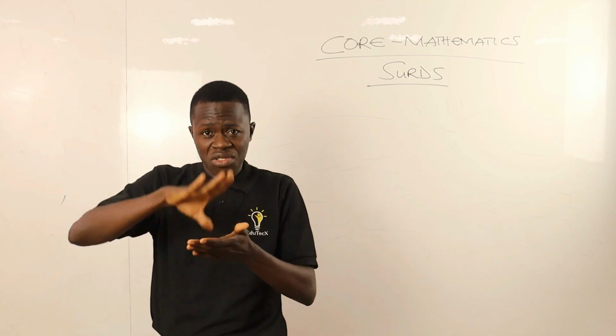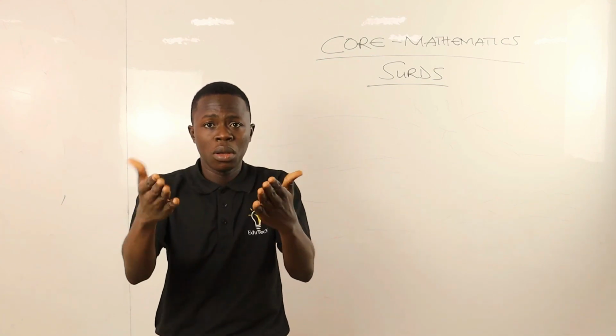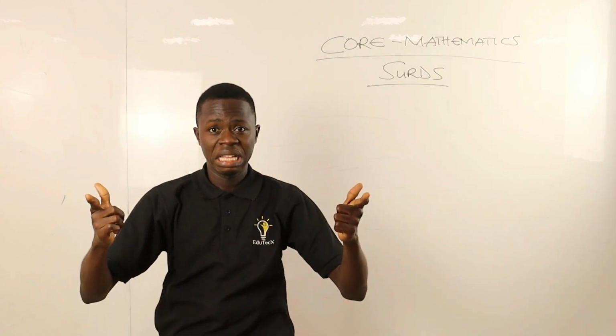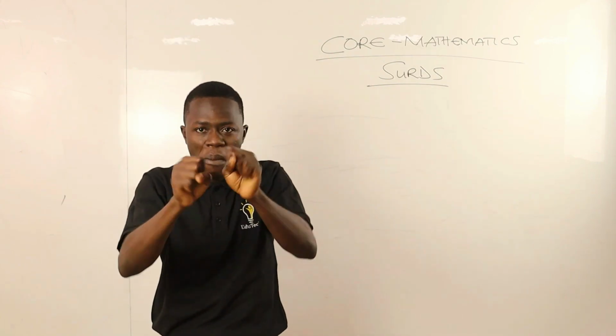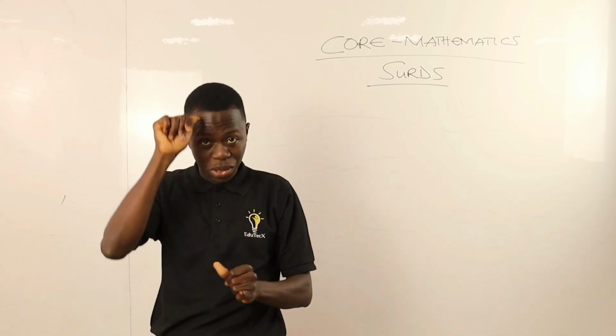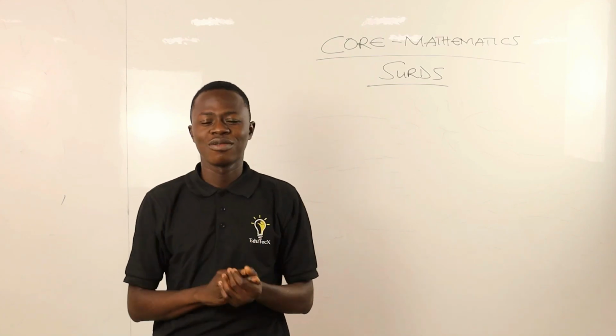Very good. And again, you remember that we learned how to simplify complex surds. We looked at the steps involved in simplifying complex surds. I know you remember that one as well. That's very good.